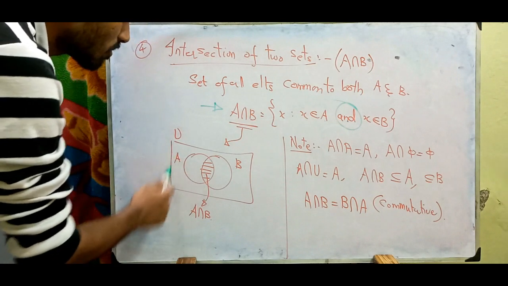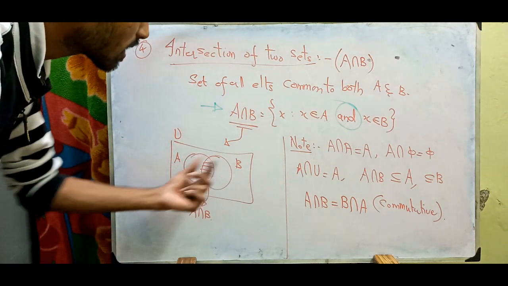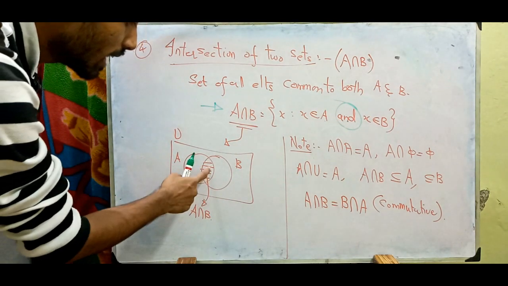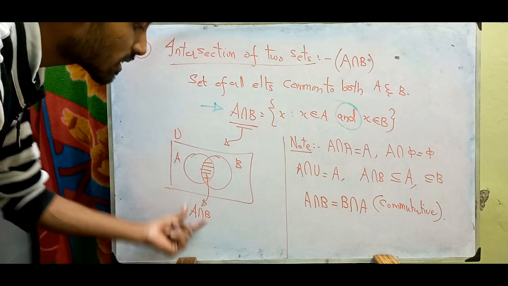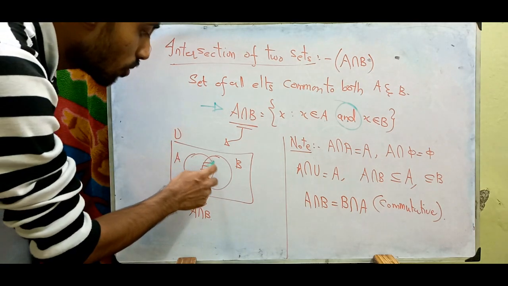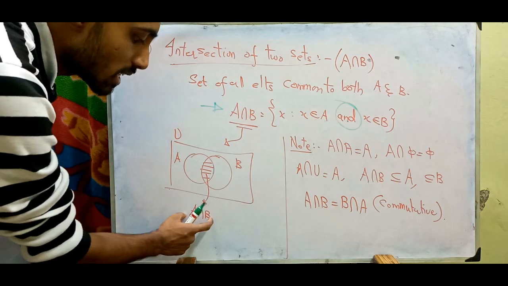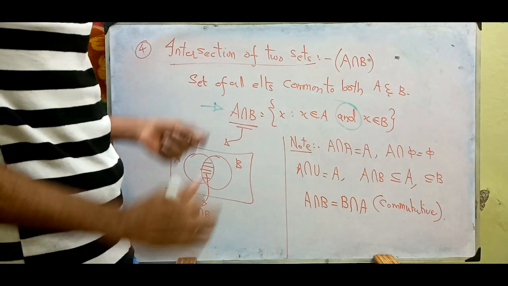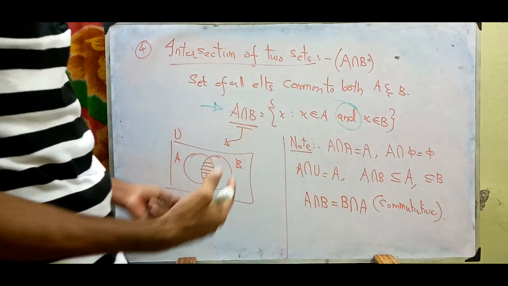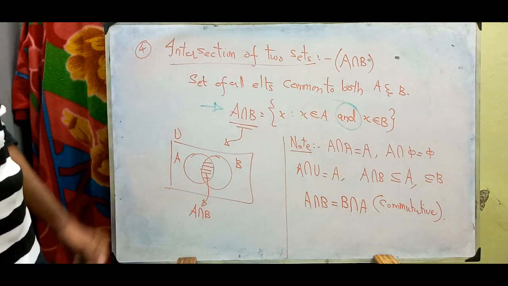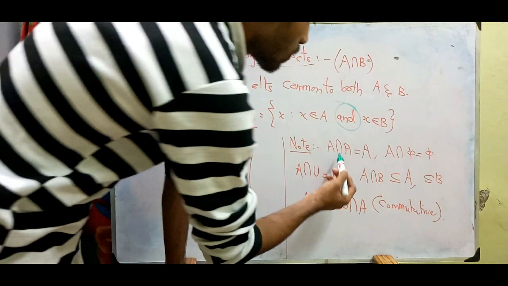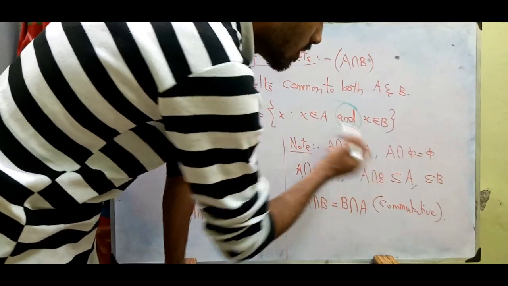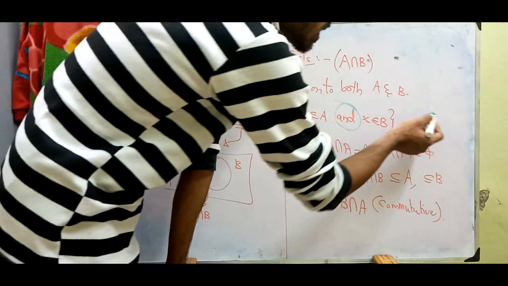See, we have a universal set along with the A and B sets present here, and the overlapping part is A intersection B. You can also say that if A and B have an overlap, then it is the intersection of the two sets. Okay, so A intersection A is again A, as you know, that is obvious.